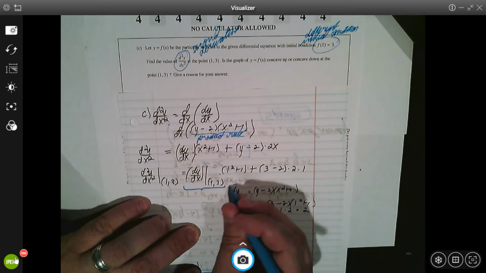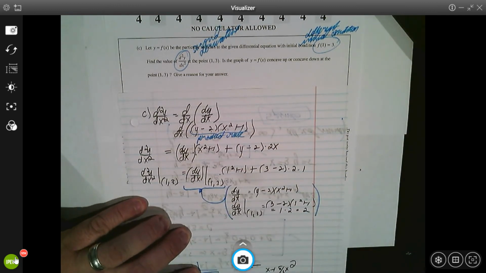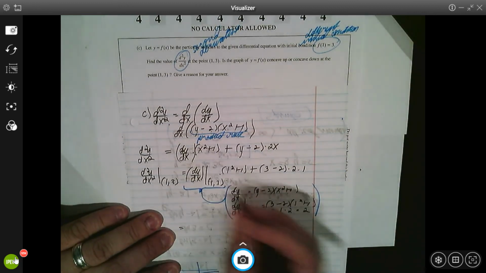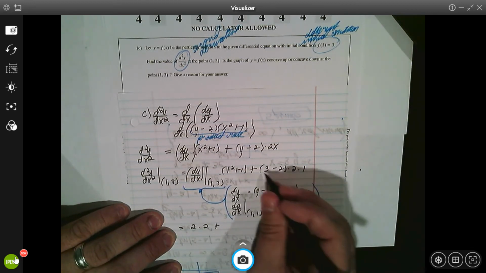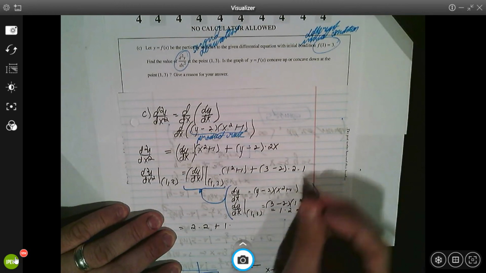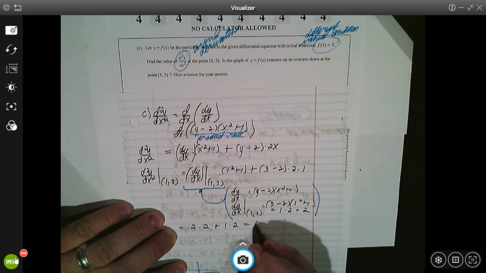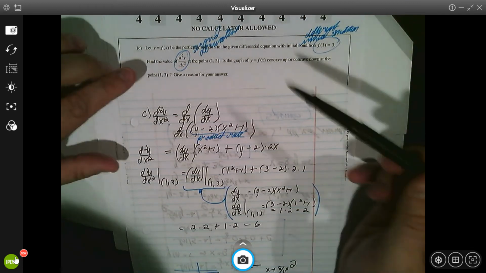All this work was the side work to figure out the value of that first derivative. Putting everything together, dy dx at 1 comma 3 is 2, times 1 squared plus 1, that's 2, plus 3 minus 2, that's 1, times 2 times 1, that's 2. If I multiply all that out and add, we're going to get 6. Great. Feels like we're done.